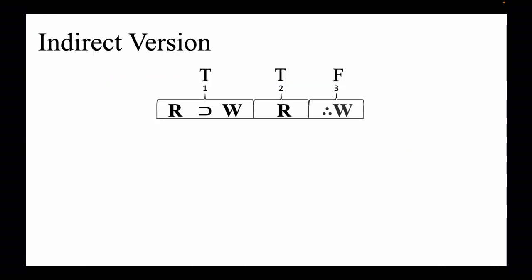Now, let's do the indirect version. W is false, we know that. And so I plug in the truth value of W. R must be true. If I want to confirm the truth, I have to say that it's true. So if R is true, then when I plug in here, watch what happens.